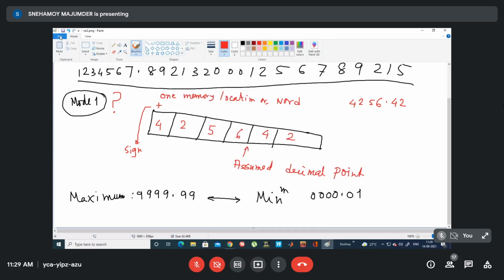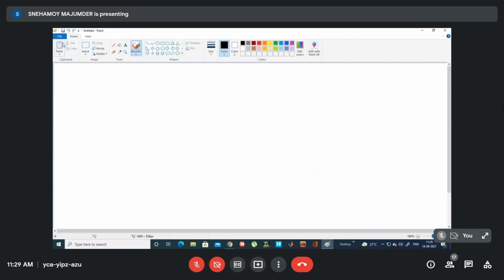I can use it in this way, which is called the normalized floating point method, where I can use the maximum number of significant digits. What are significant digits?